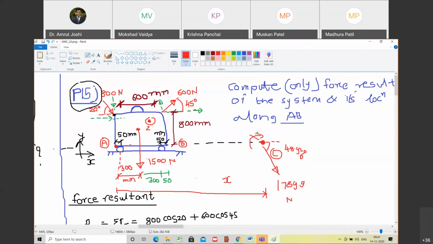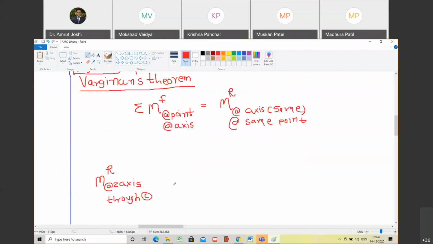0, right? So therefore, if C is such a point where there is no moment resultant, तो इसका मतलब है सिर्फ किसका मोमेंट होगा? सिर्फ ये 1789.9 न्यूटन का मोमेंट होगा. But as it is passing through C itself, therefore its moment is 0. Are you with me? So can I equate this to 0? Yes, sir.